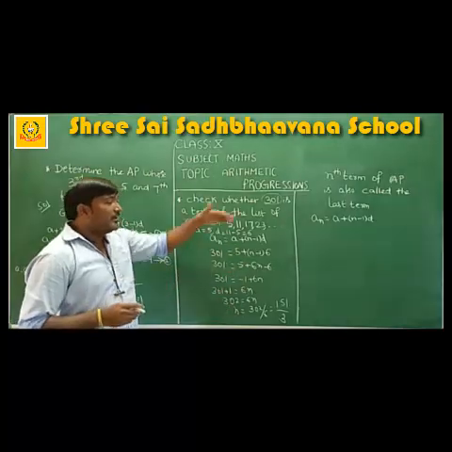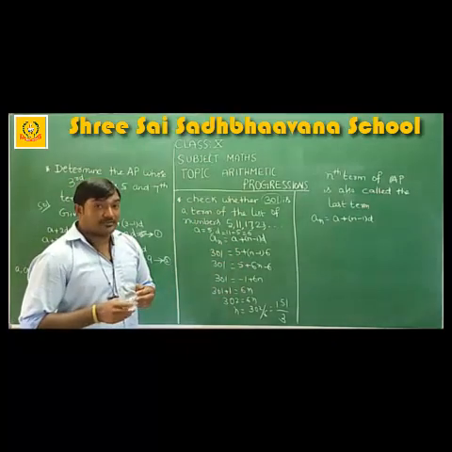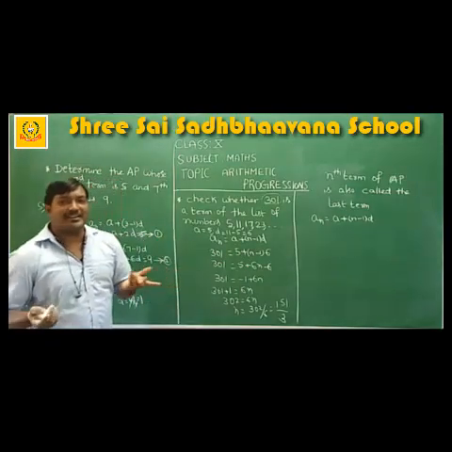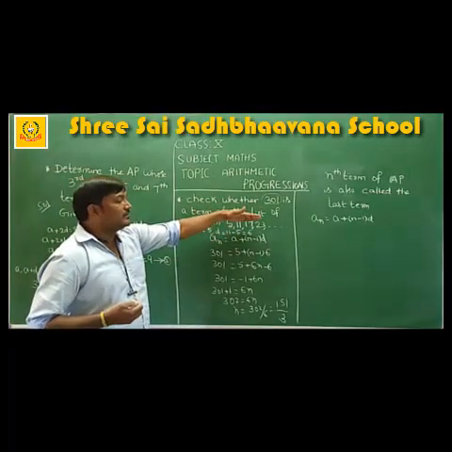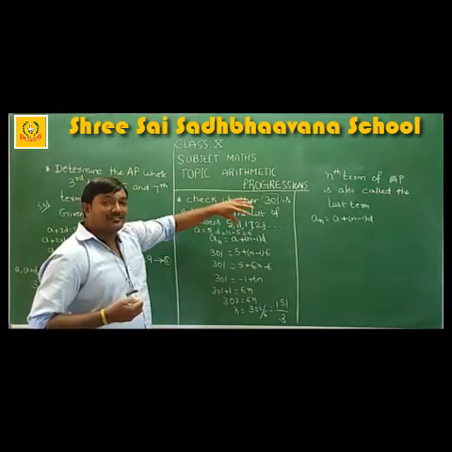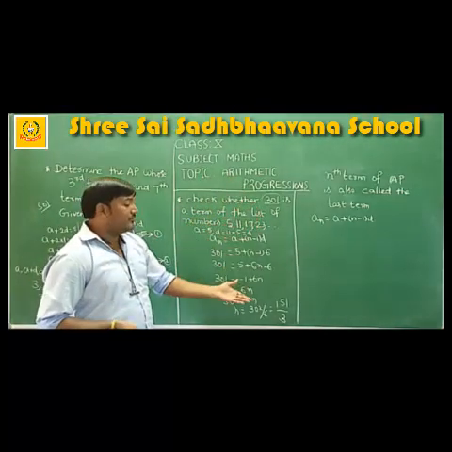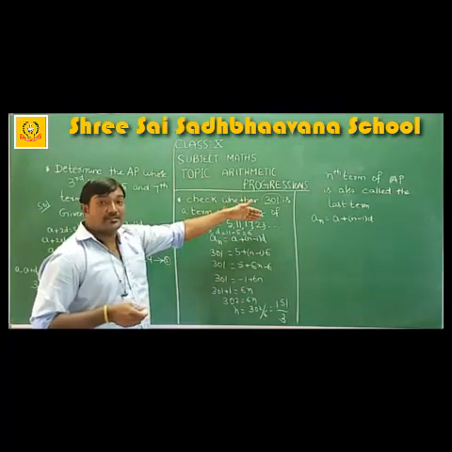Always remember, in a sequence, can we say that 150 and 1 by 3 numbers are present? It is not possible. The count may be any natural number or whole number. You can say that 5 numbers are in this AP, or 6 numbers, or 10 numbers. But can we say that 150 and 1 by 3 numbers are there in this arithmetic progression?